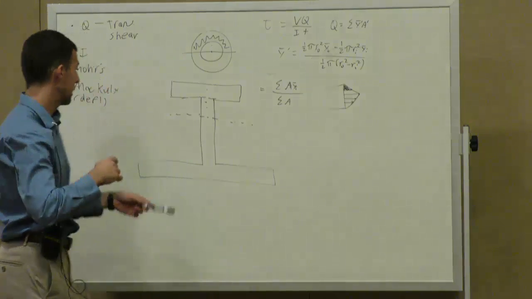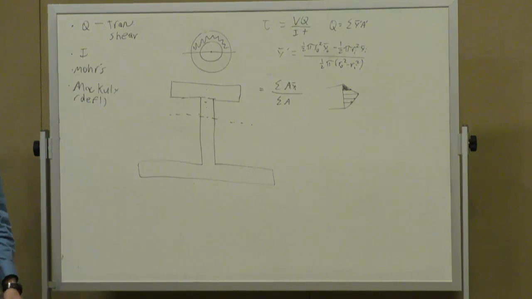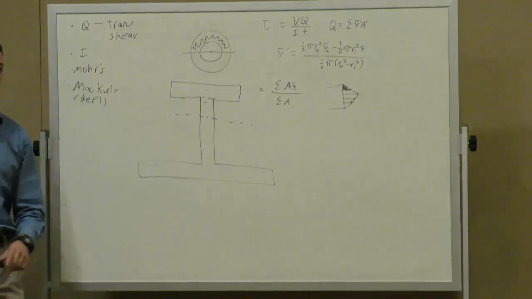In this case, so in the case that we are unsymmetric on the point of interest. So, on the neutral axis, what happens? What are we looking at on the neutral axis with our shear stress? Area above is equal to the area below.